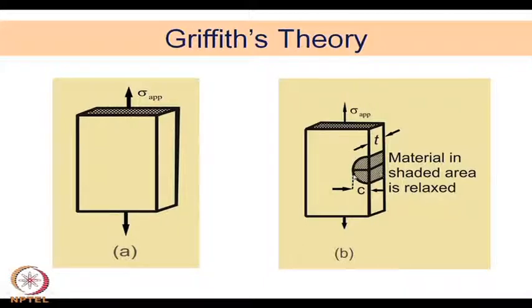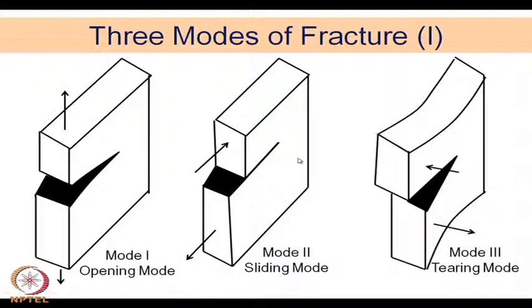So, this is certainly one kind of orientation of the stress, in which the crack length is perpendicular to the applied stress. However, that is not the only way one can apply stress on the material, particularly in relation to the orientation of the crack. There may be other orientations possible.